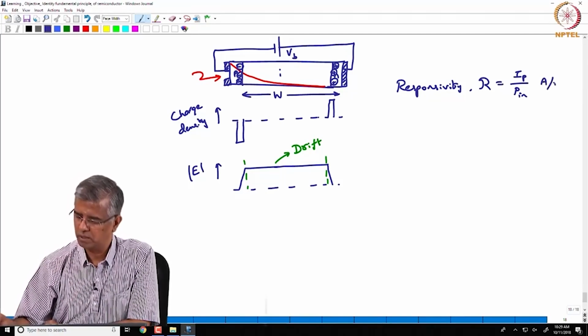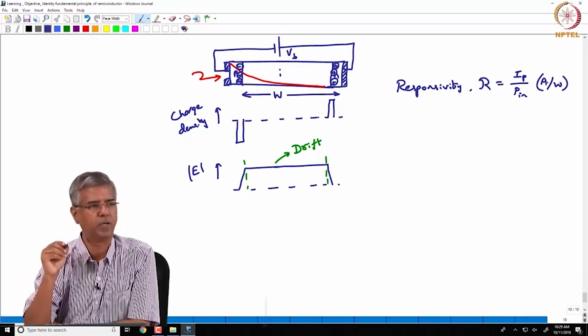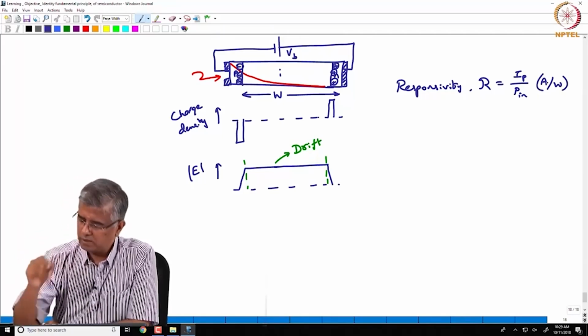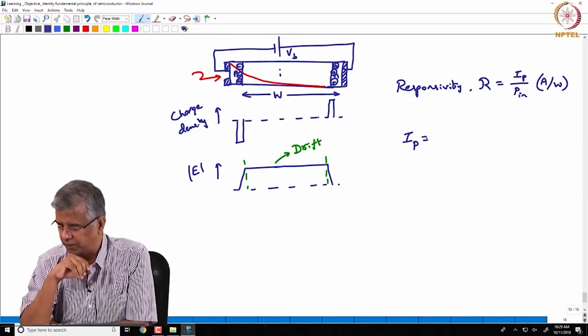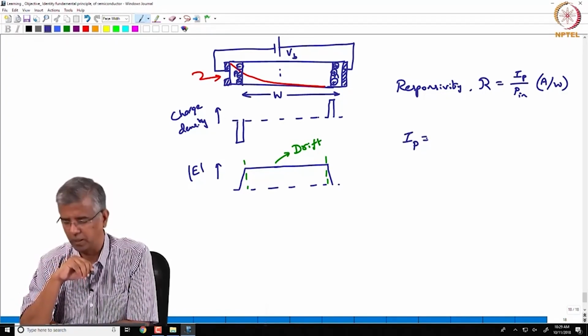So, this is in units of amperes per watt. So, let us now try to find an expression for IP.